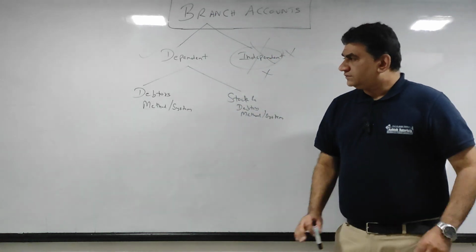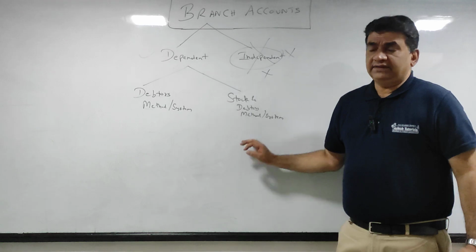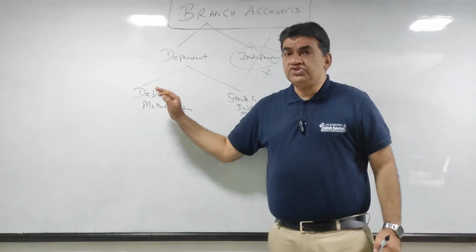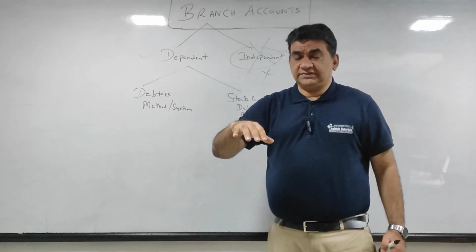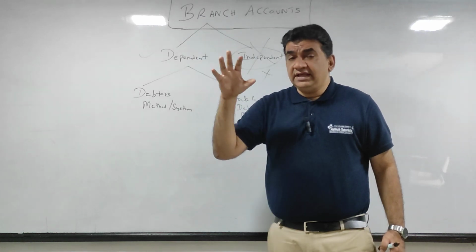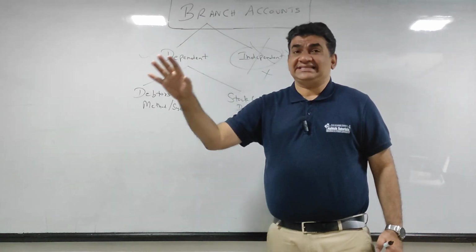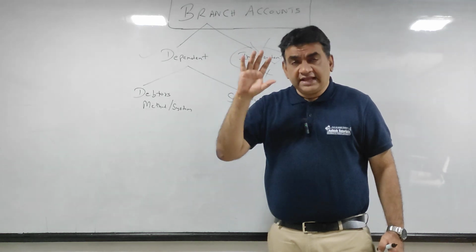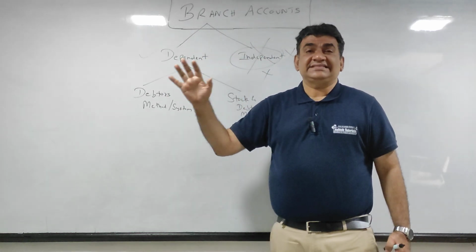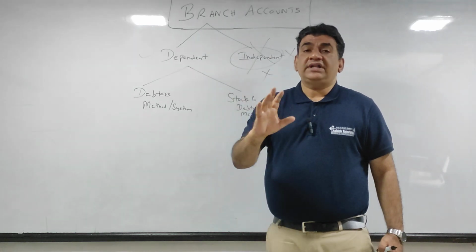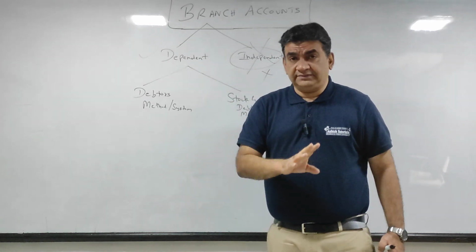Now listen, what is the difference between the two? The reason this is called the Debtors method or system is that head office will treat each branch as its debtors, and accordingly transactions are recorded.